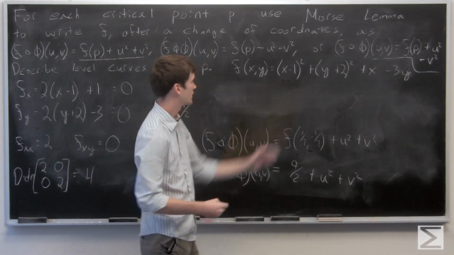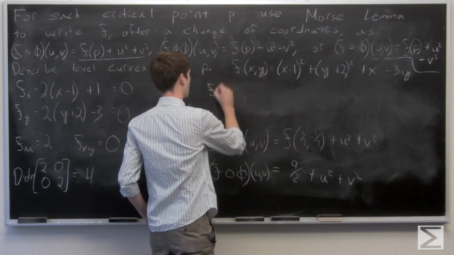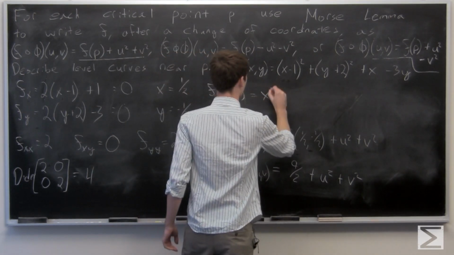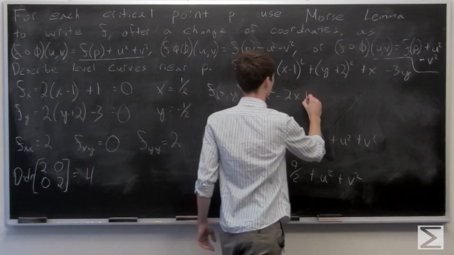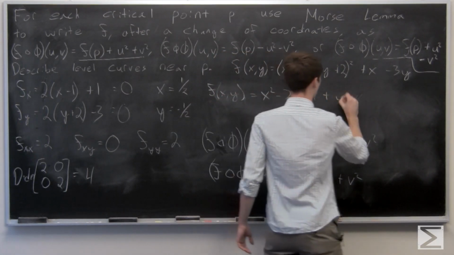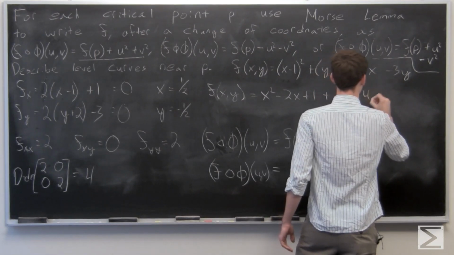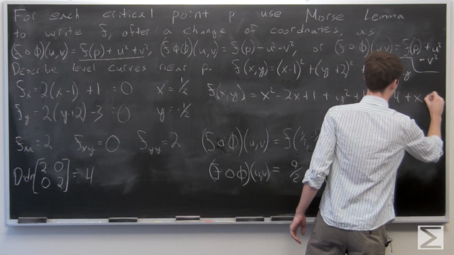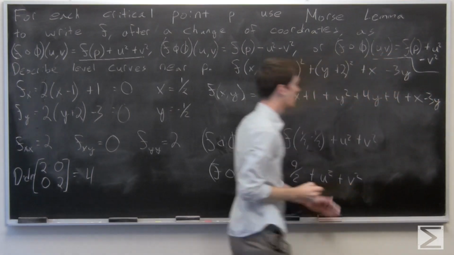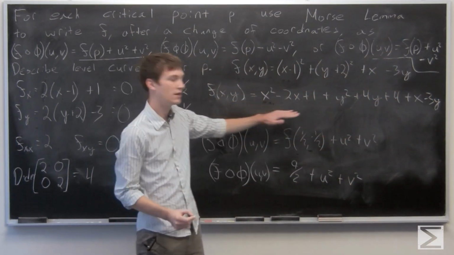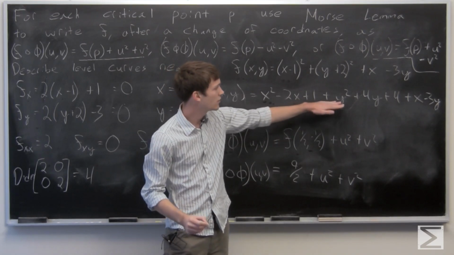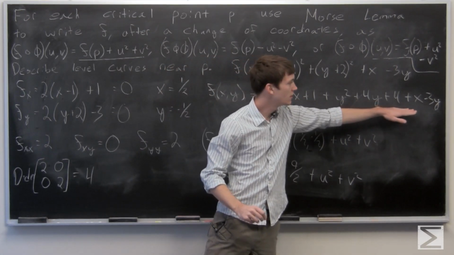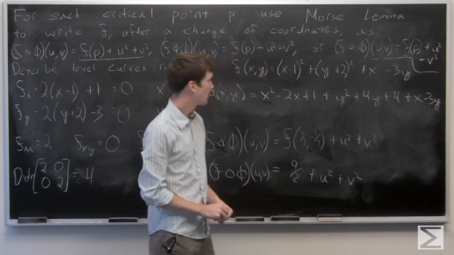So multiplying out this square, we get x squared minus 2x plus 1 plus y squared plus 4y plus 4 plus x minus 3y.